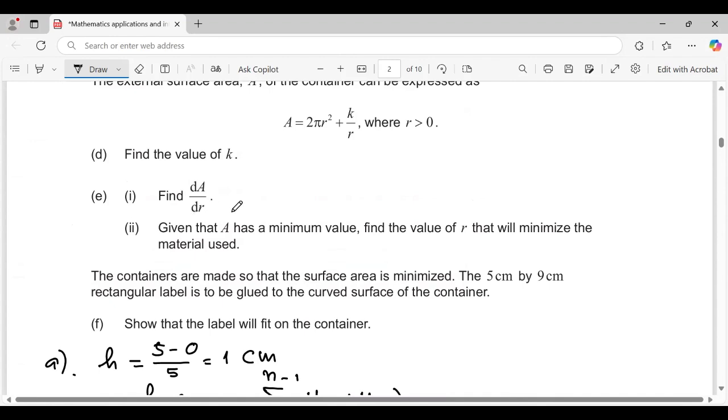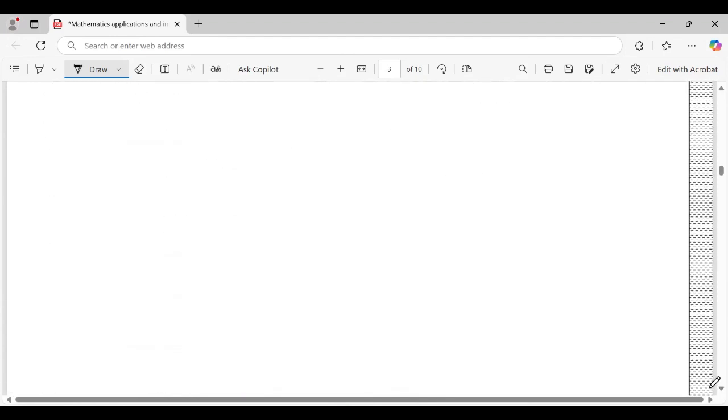Next question, E. Find dA/dr. Given that A has a minimum value, find the value of R that will minimize the material used. The total external surface area formula is A equals 2 pi r squared plus 800 over r.